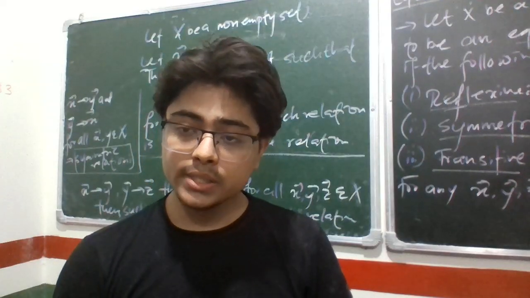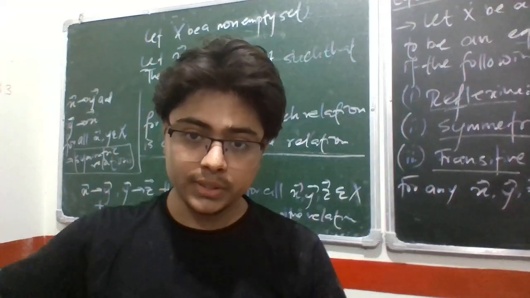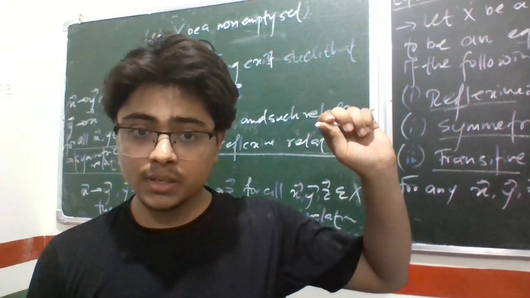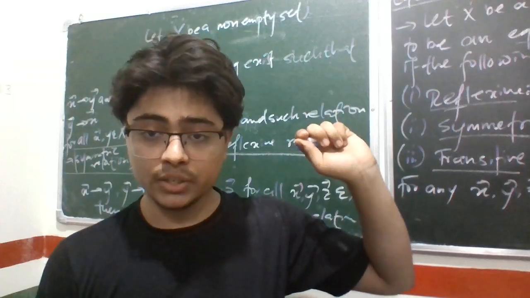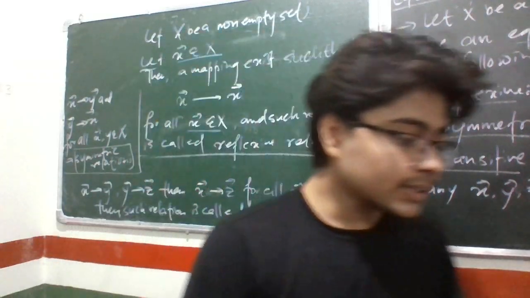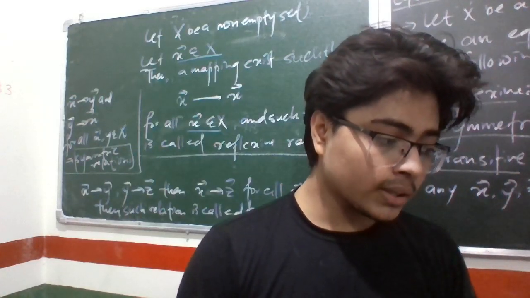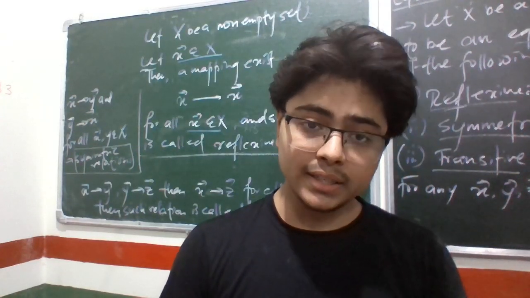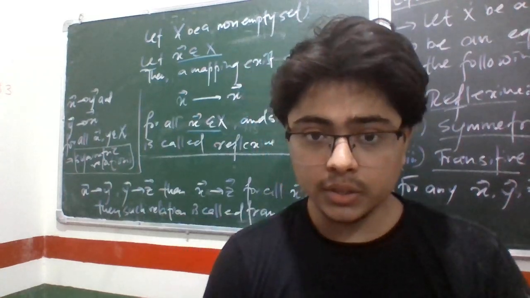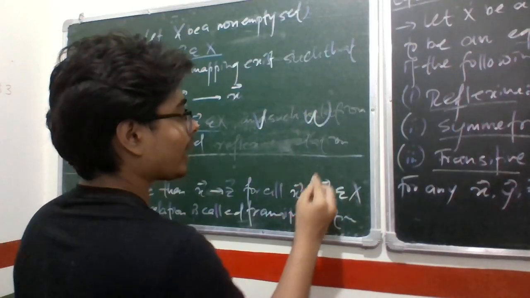Now let's try to understand the relationship between the isomorphism that we previously discussed and the equivalence relation that we just discussed. It turns out that the relation of isomorphism between two vector spaces is an equivalence relation.